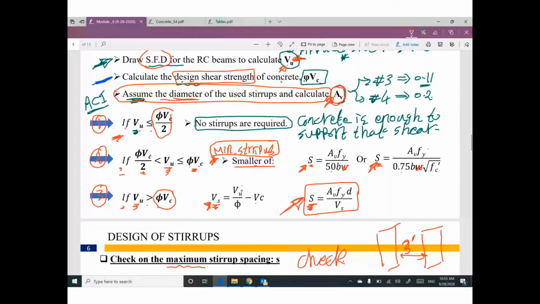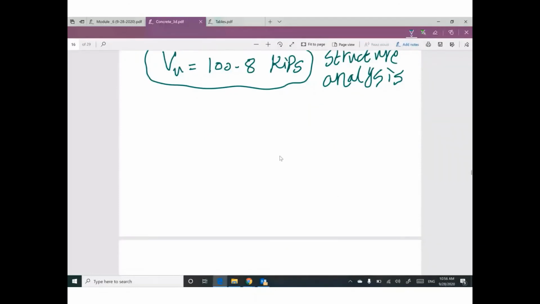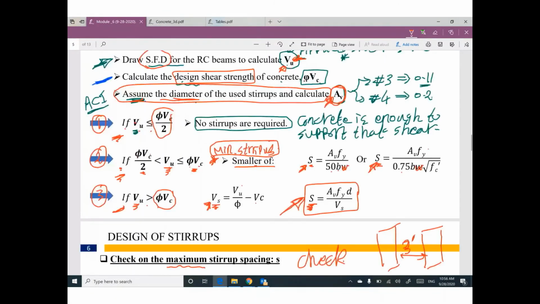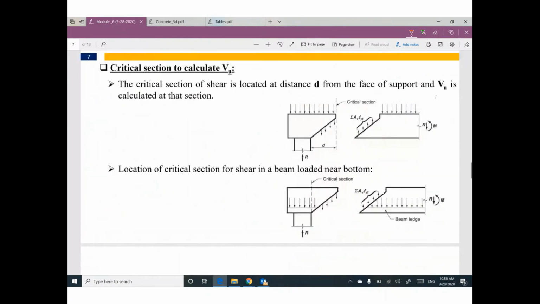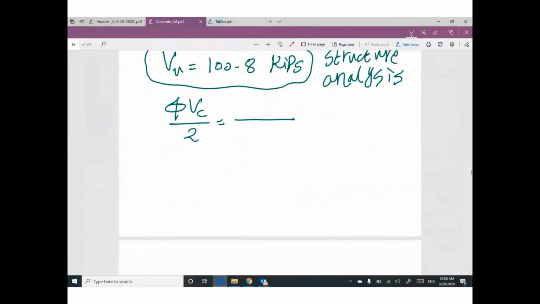Let's see. V ultimate is 100.8. Can you tell me what is the value of phi VC divided by 2? Phi VC equals 36.1. Divided by 2, it will be 18.05.